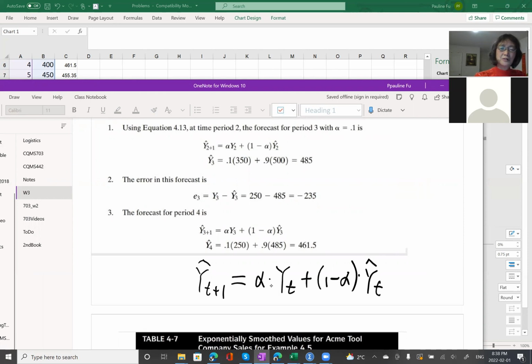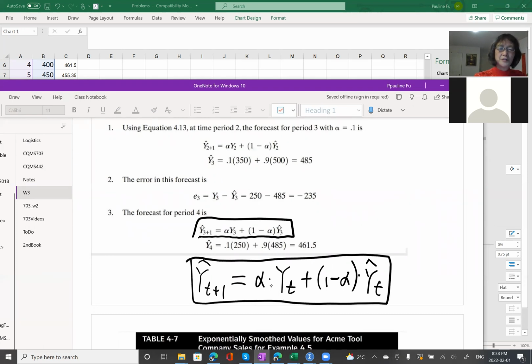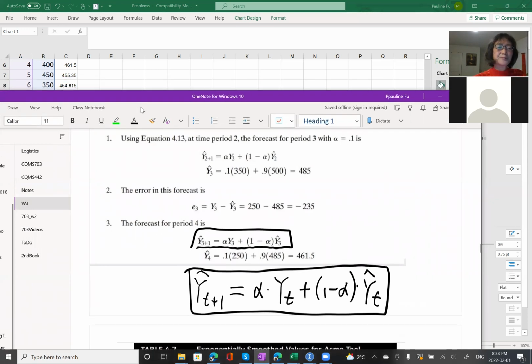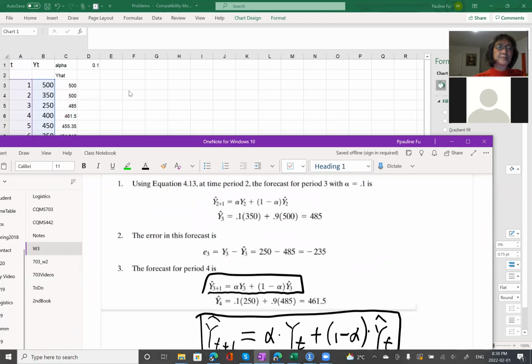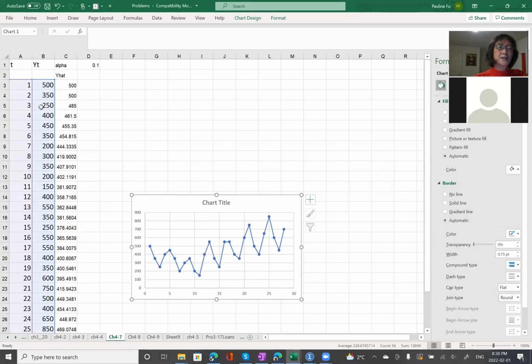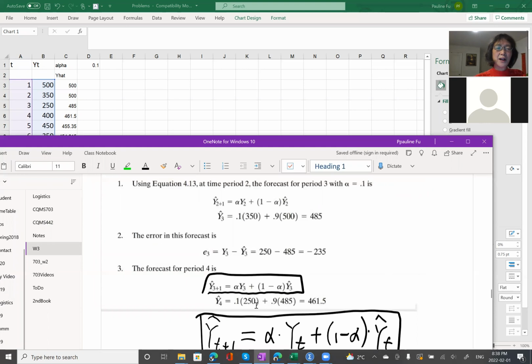For example, if you want to forecast for period 4, t equal to 3, the formula becomes this. If alpha is 0.1, you plug in 0.1, and y3 from the original data is 250.